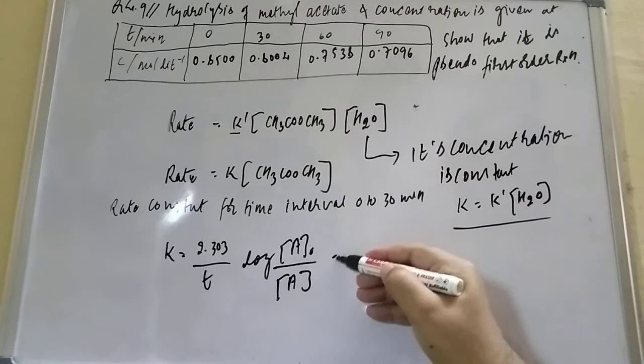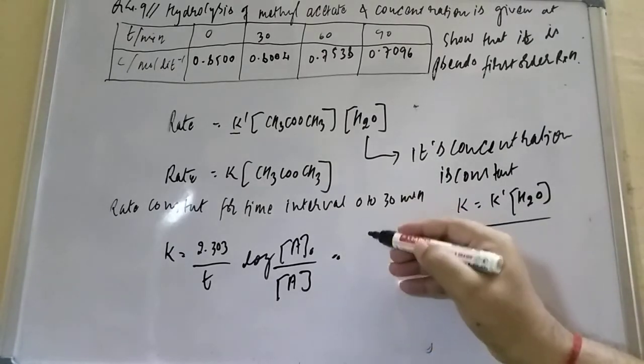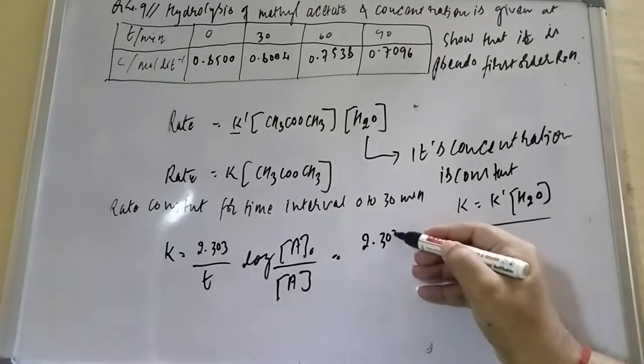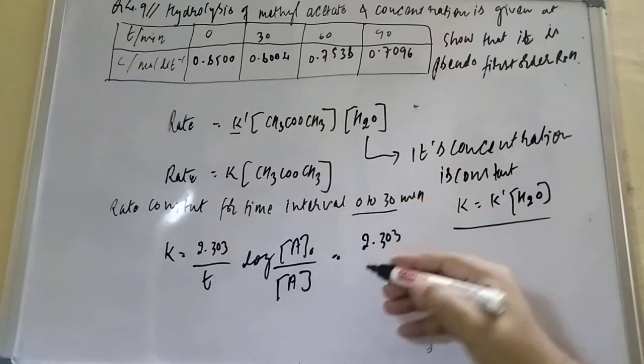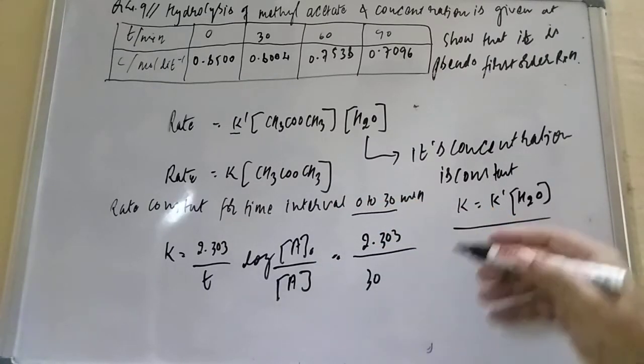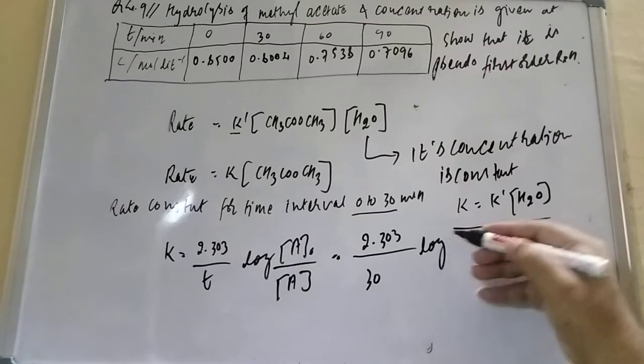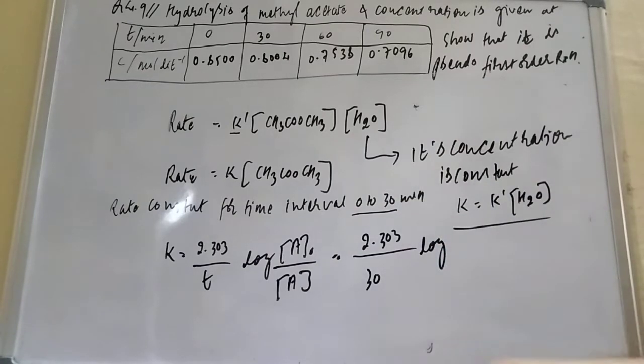So here we can write K is equal to 2.303 upon 30, taking 0 to 30 minutes.